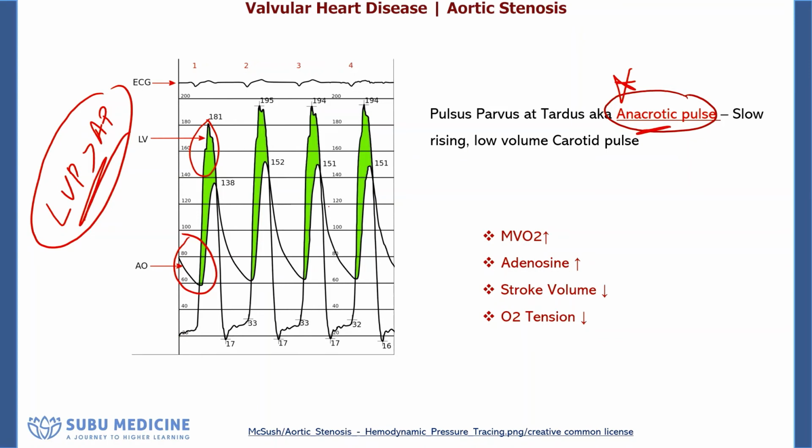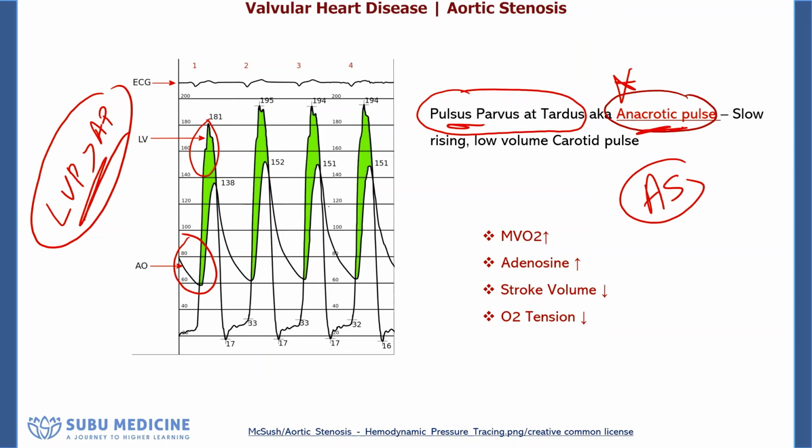It's called anacrotic pulse, also called pulsus parvus et tardus, and make sure you know what this means. You classically see this in aortic stenosis.